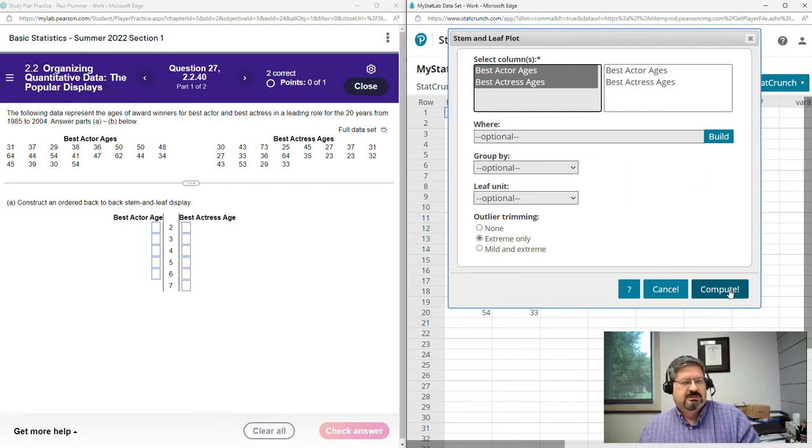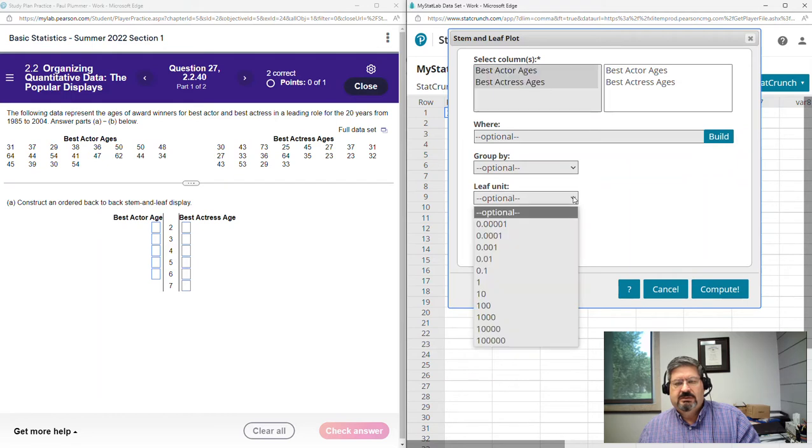Let's see. Again, we can determine our leaf units. So if we do leaf units, that would be the 1. Or we can just leave it optional.